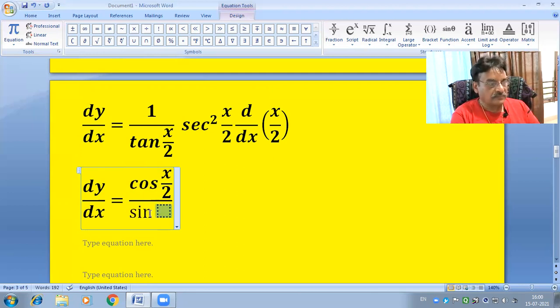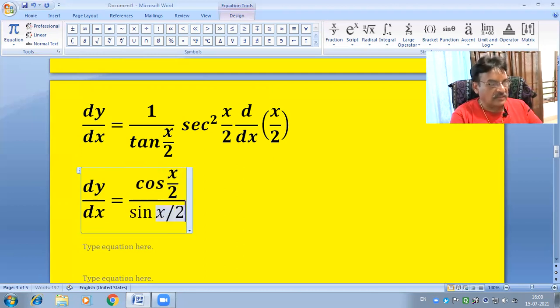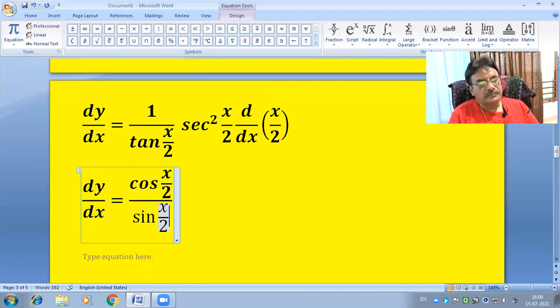Therefore, here we write cos x by 2 upon sin x by 2, into sec square x by 2. We know that the formula for sec x is 1 by cos x. Similarly, the formula for sec square x by 2 is 1 by cos square x by 2.